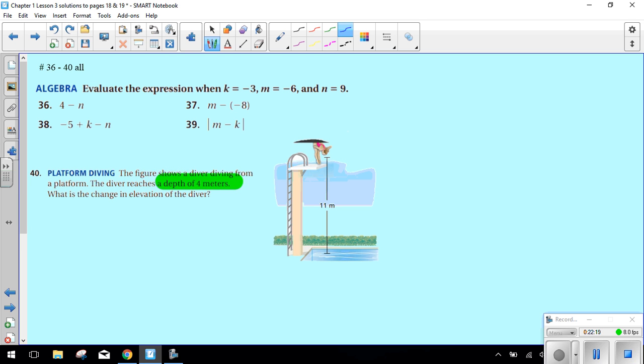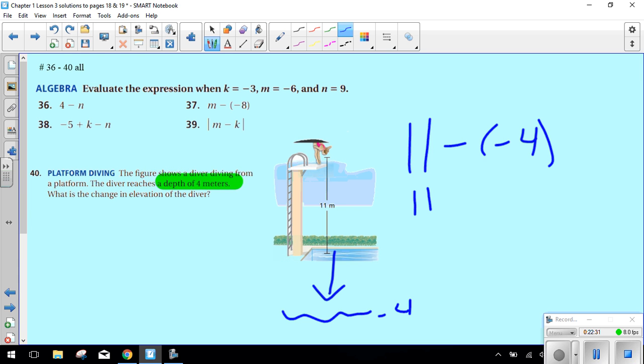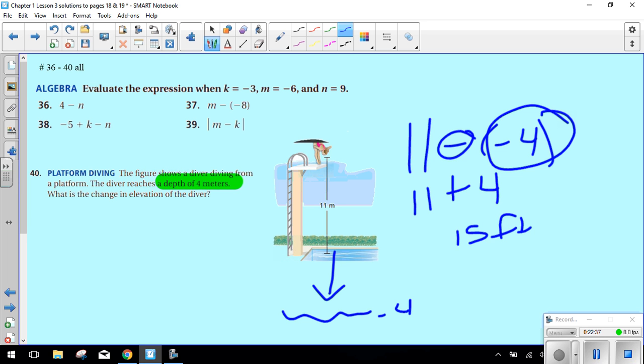So the diver goes 11 feet and it stops underwater here at -4. So to figure out the depth, we take 11 minus -4, or 11 plus 4, add opposite. So the change in elevation is 15 feet.